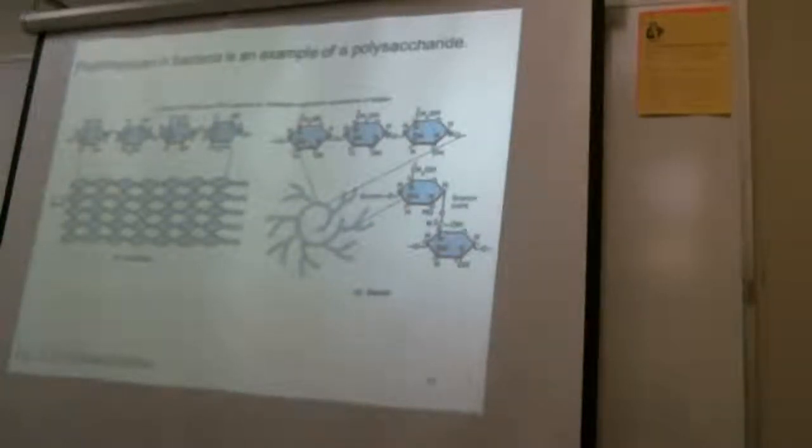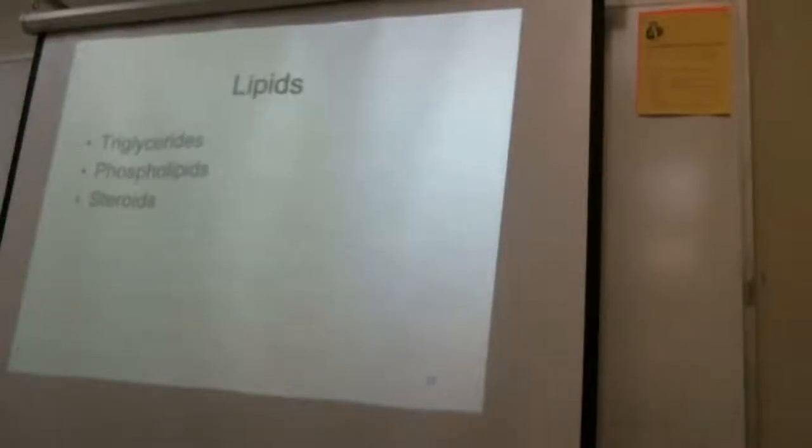So peptidoglycan is a good example of a polysaccharide, but it is part protein. That's what the peptido is. And I will actually teach you that exact structure when we get to Excel. So as far as this test goes, just know that's an example of a polysaccharide.